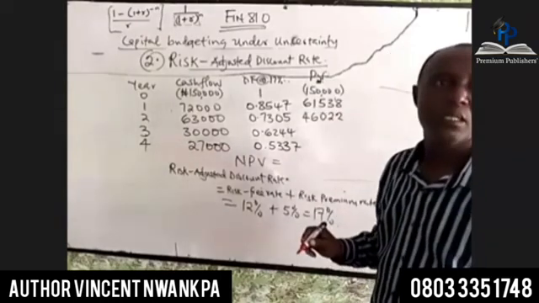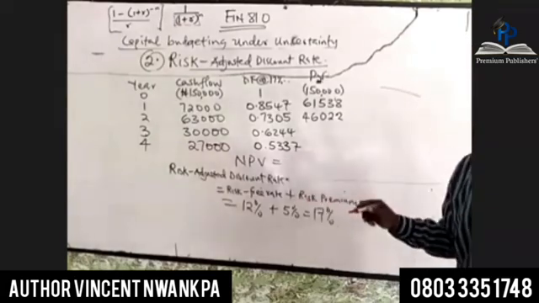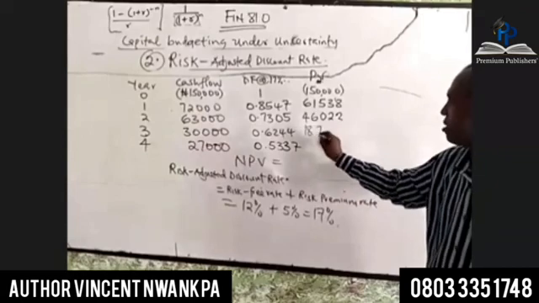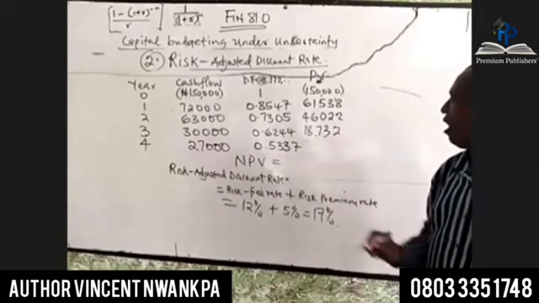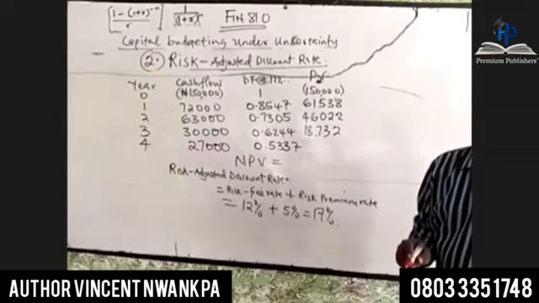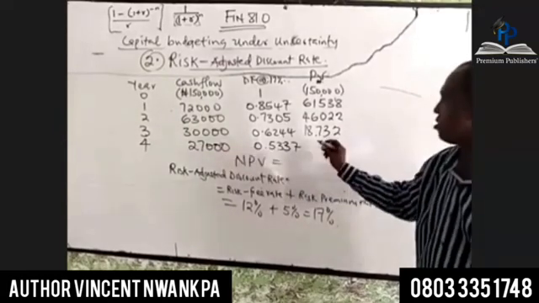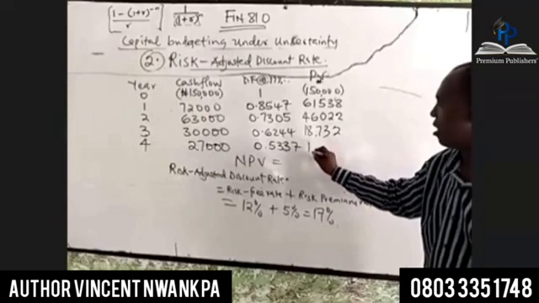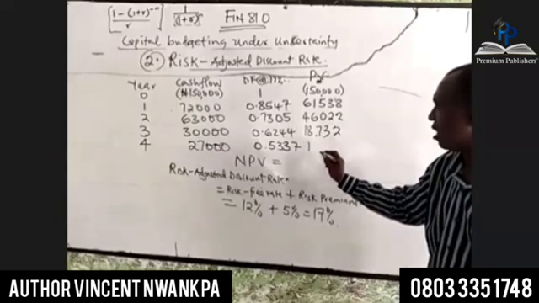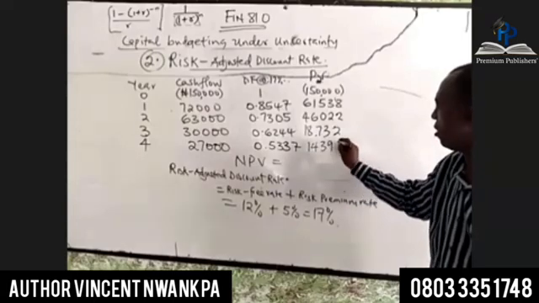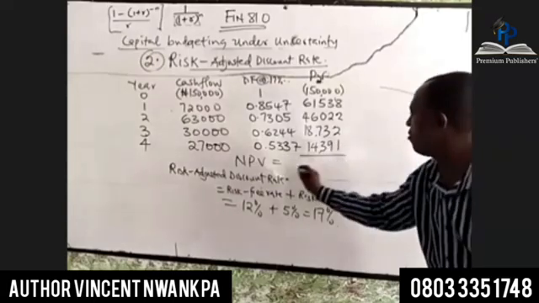Next, 30,000 times the other one gives 18,732. Finally, 27,000 times this gives 14,391. Now I add everything for us.